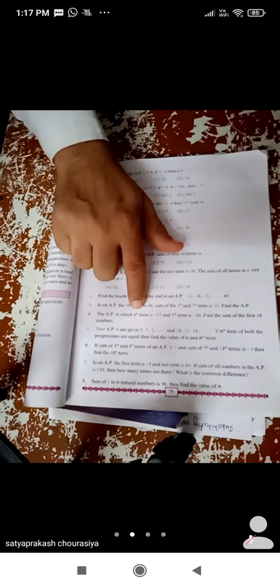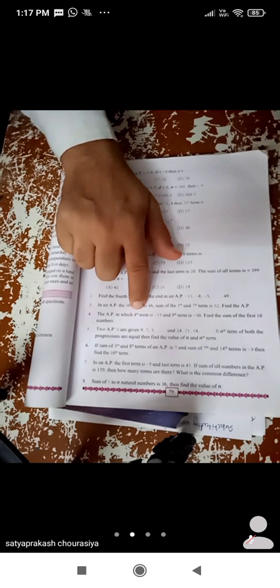So for finding the sum, we need the value of A and value of D and n value. Already in the question n value is given as 10 because we have to find out the sum of the first 10 terms. So here n is given and we need the A and D. By making two linear equations, we can find out the value of A and value of D. So let's see the solution of question number 4.